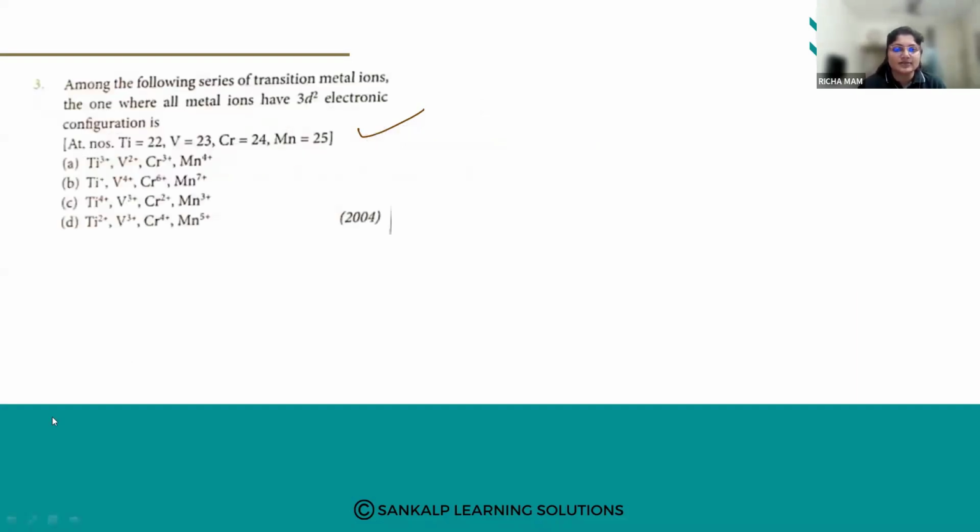Among the following series of transition metal ions, the one where all metal ions have 3d2 electronic configuration is. Four options are there. You have to tell in which particular option you have 3d2 configuration. Atomic numbers are given of titanium, vanadium, chromium, and manganese.